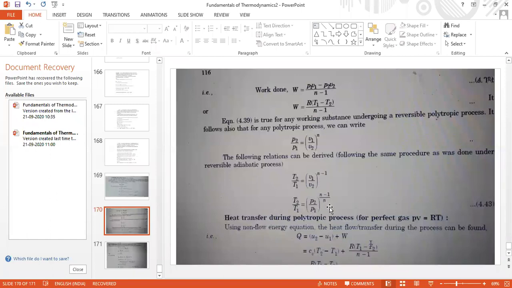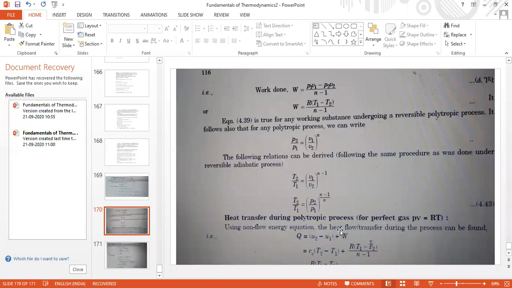Some steps are avoided in many textbooks, because you are expected to understand these equations and do these manipulations on your own. This is how work done is written, and the temperature ratio in a polytropic process is substituted in terms of either V1 by V2 or P1 by P2. That is about work done.